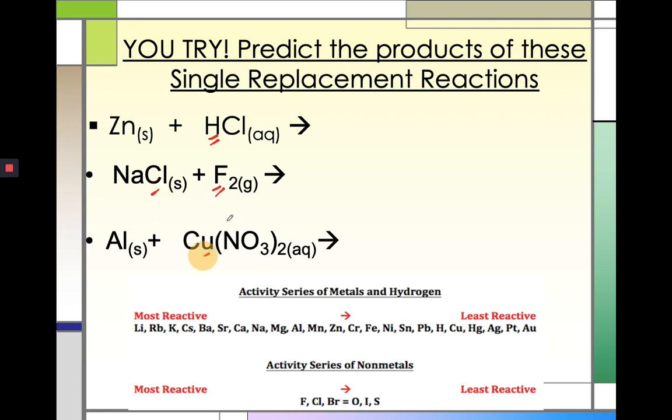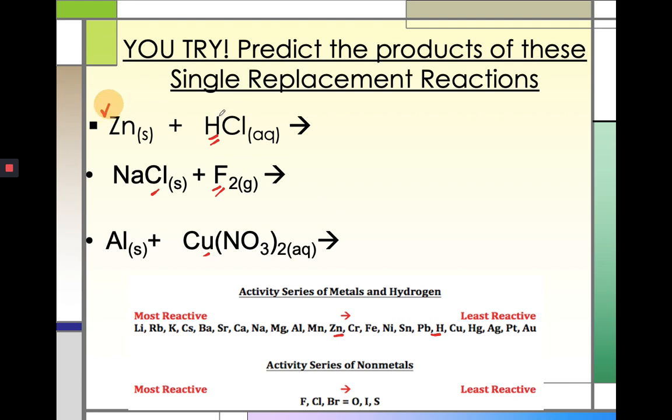All right. So in predicting, we just have to look at the activity series. In here, the zinc atom is our free atom. We are asking whether it can displace H. Hydrogen is here, and we see that zinc comes before hydrogen. Then we can say that yes, zinc can displace hydrogen.